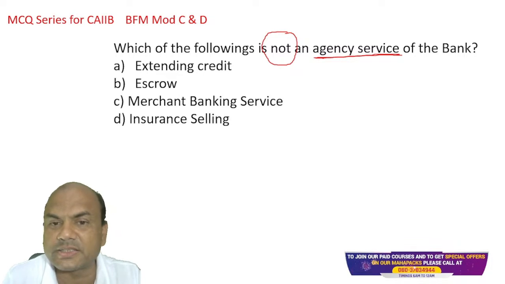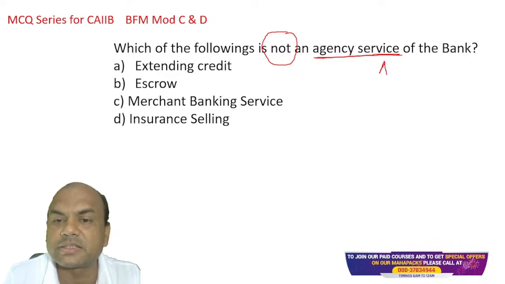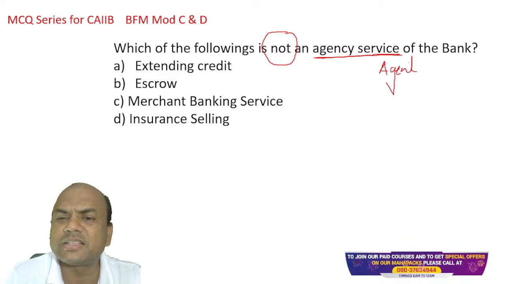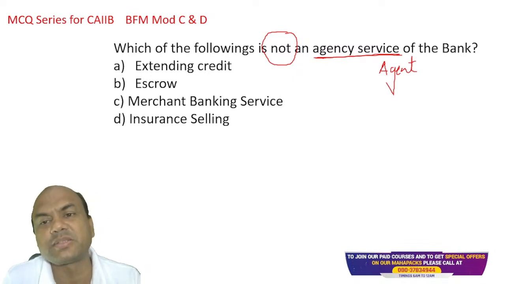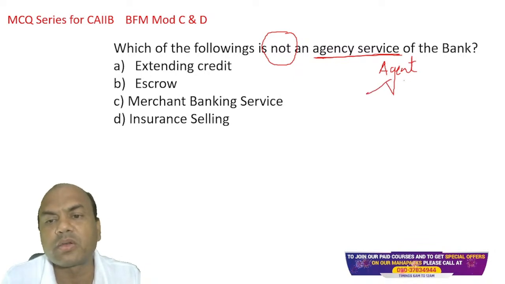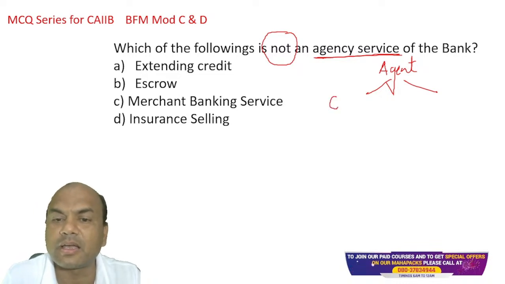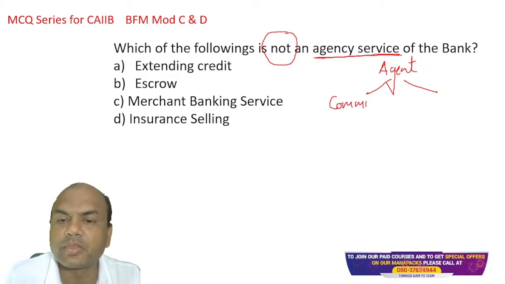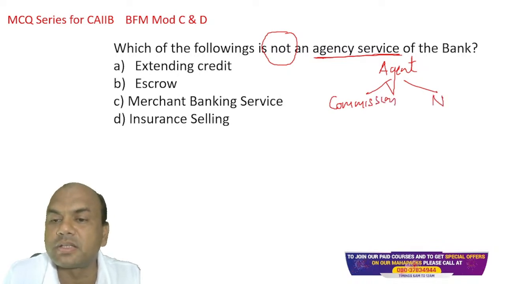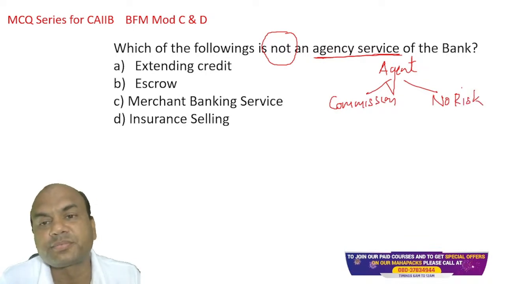Look at this. Agency, the main point about agent is agent. Any agent. We see LIC agents, we see mutual fund agents. What is the rule? They have twofold rules. One is commission. They get the commission. And second is no risk. They don't have any risk. Agent's role is only agent.